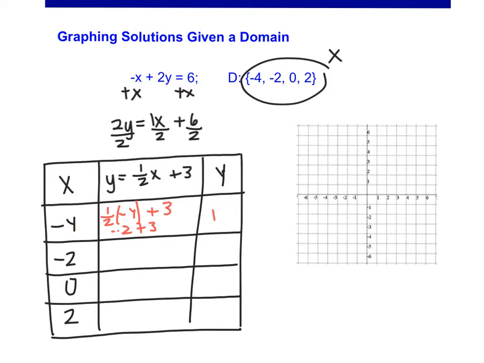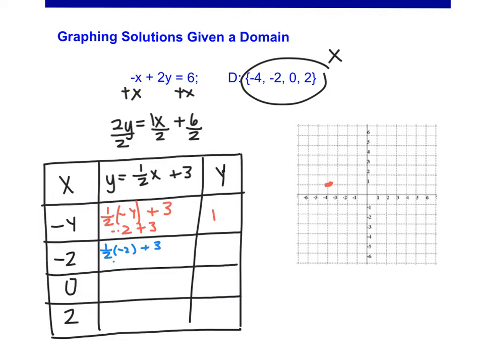That's an ordered pair. We can go ahead and plot that on the graph. The x is a -4, so we're going to go over 1, 2, 3, 4, and the y is a positive 1, so we're going to plot a point right there. -4, 1. Next we're going to plug in a -2, so we're going to do 1/2 times -2 plus 3.